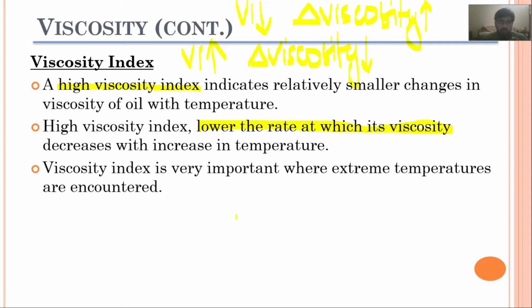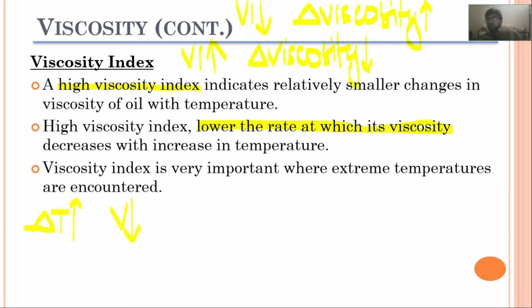Again, we have studied that with the change in temperature, if the temperature change is positive, means we are increasing the temperature, the viscosity will decrease. The greater the amount of the viscosity decrease, the lower the viscosity index. The lesser the amount of the change in viscosity, the higher the viscosity index.